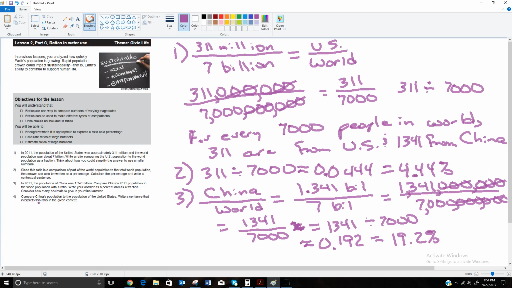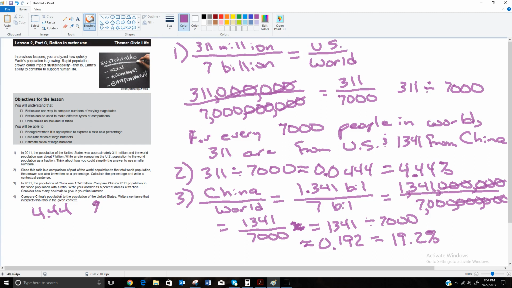So next we're supposed to compare China's population to the population of the United States. And it says to write a sentence. I'm not going to take the time to do that right now, but we have 4.44% versus 19%. So this is less than 5%, and this is close to 20%.